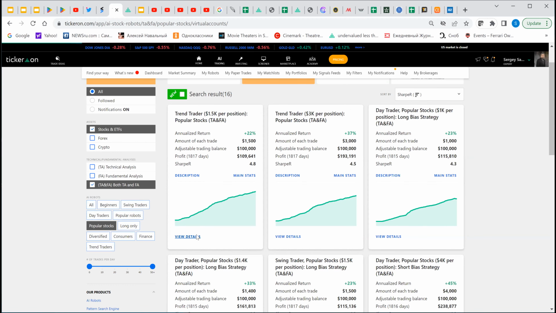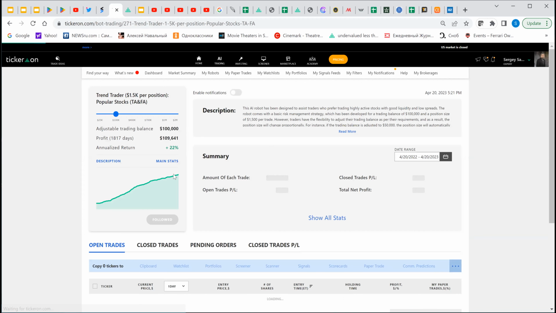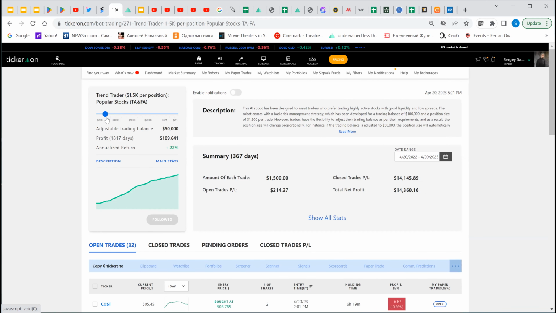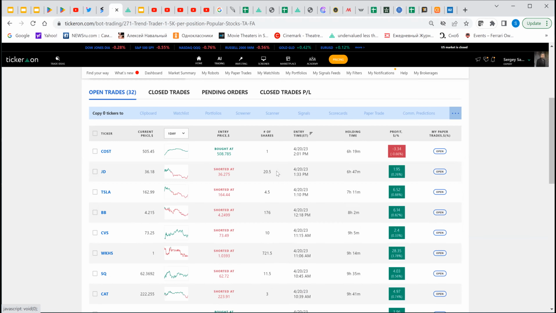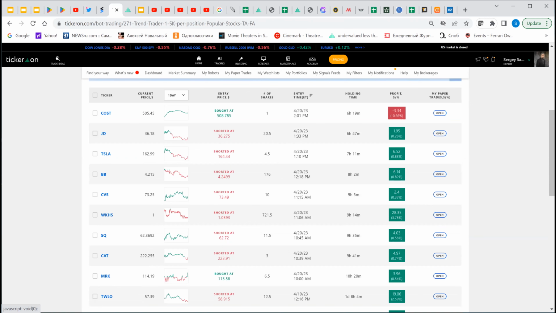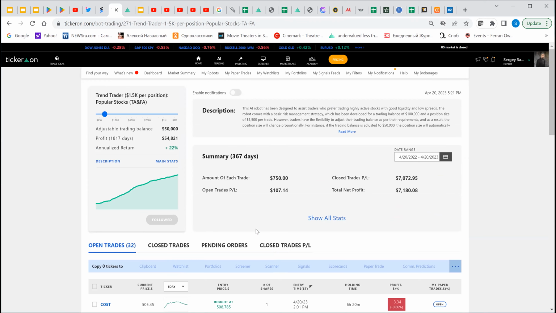But when you go to the view details, you actually can adjust. Let's assume you're trading only 50,000. All statistics are recalculated, and the amount of each trade becomes 650. And it's not bad trading for this particular virtual account.